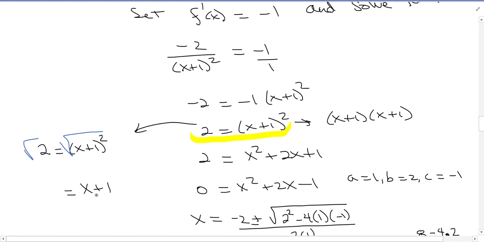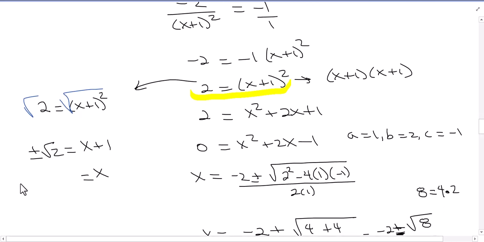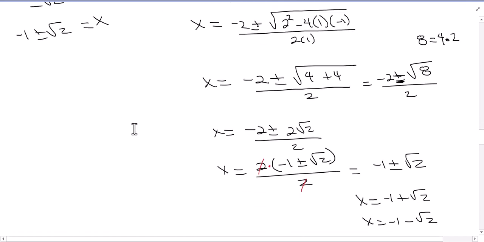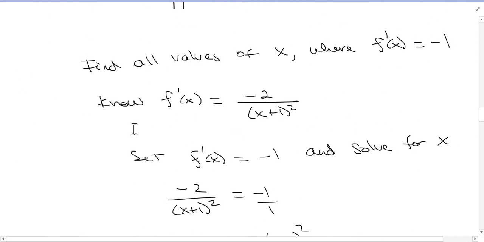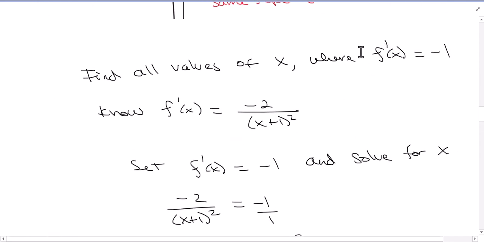So this will be x plus 1 equals plus or minus root 2. And then subtract the 1 from both sides. So you get -1 plus or minus the square root of 2, which is the same answer. I wanted to show you something with the quadratic formula in case you don't have a nice square over here. So those are the x values where the slope of the tangent line equals -1.